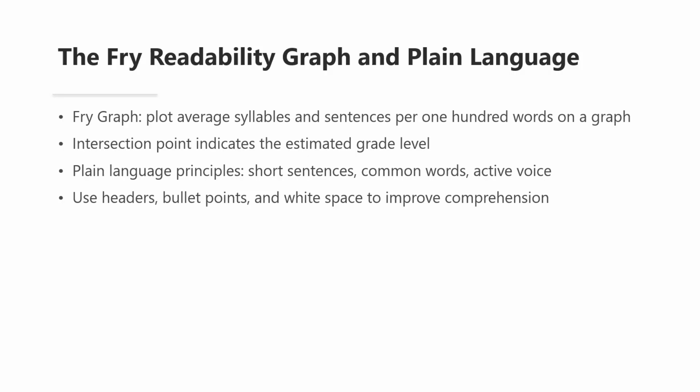For example, instead of writing, "The patient should be advised regarding the contraindications of this medication," you would write, "Tell the patient about the side effects of this medicine." Both say the same thing, but one is accessible to far more people.